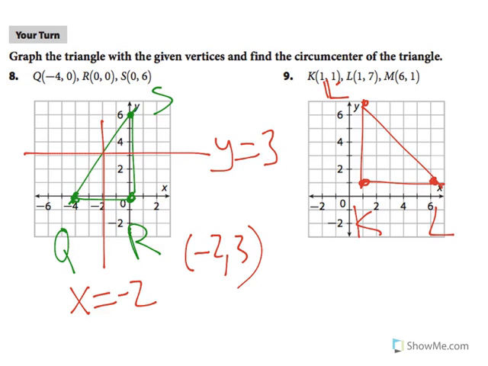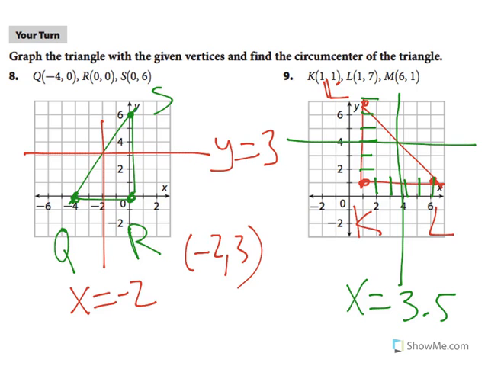So the distance from K to M is 1, 2, 3, 4, 5. So halfway between that is here. So then we can say that this is x equal to 3.5, right? And the distance between K and L is 1, 2, 3, 4, 5, 6. So halfway is 3. So we're going through here. So then this is y equal to 4.